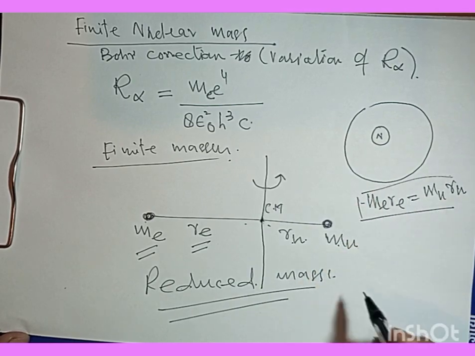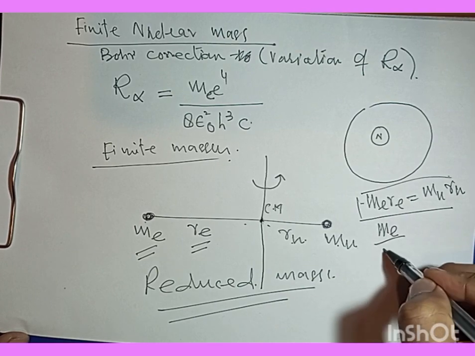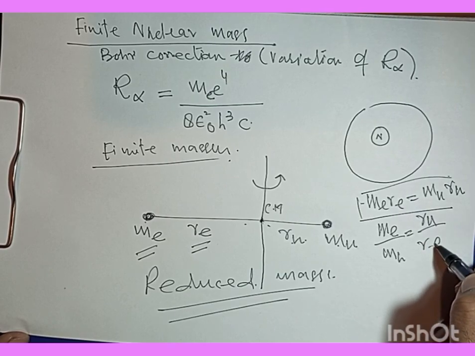So the relation that we have is that m_e by m_n must be equal to r_n divided by r_e.